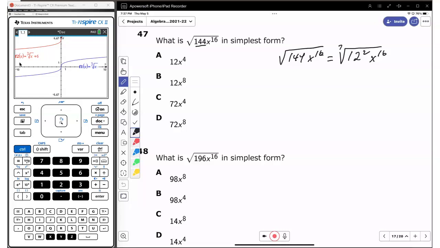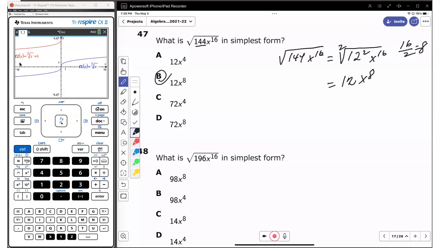We know that the index is 2, and so when we get the square root of 12 squared, it's just simply 12. 16 is even, and I want to make sure that I can make groups of 2. So if I just divide 16 by 2, that tells me I can make 8 groups. So it's going to be x to the 8th power, so your answer is B.